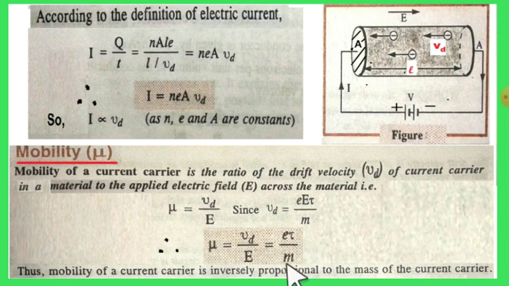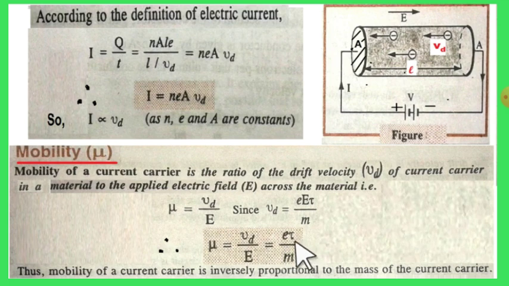Got it? So if this mobility, what happened? Higher the temperature, that means if temperature increases, then what happened? Average relaxation time will decrease and mobility will decrease. That means the movement of the free electrons will be restricted more and more with the rise in temperature.